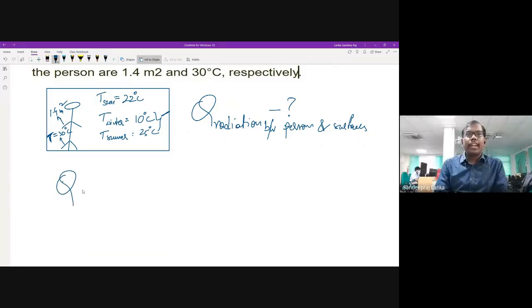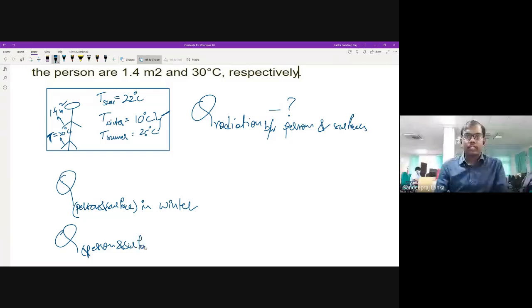Now, this is what is given in the question, and he is asking you to find Q radiation. And this Q radiation you can find in two cases. It is between person and surfaces. Person and surfaces in winter you can find. This is the first case. And the same thing, Q between person and surfaces in summer also you can find, because he has given two temperatures for the wall, so you can find these two things here.